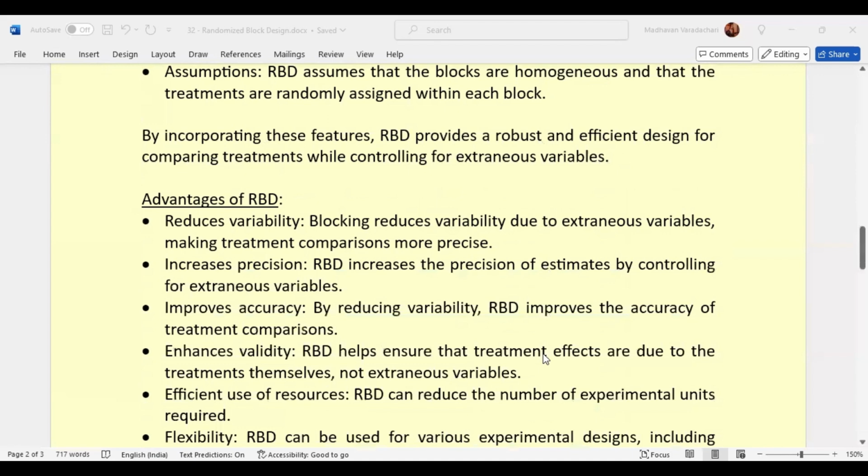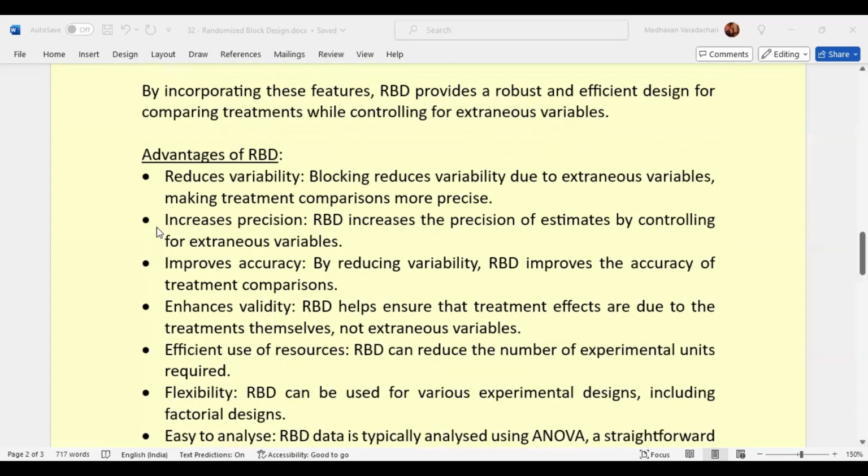What are the advantages of RBD? It reduces variability because blocking reduces variability due to extraneous variables, making treatment comparisons more precise. Further, it increases precision of the estimates by controlling for extraneous variables.